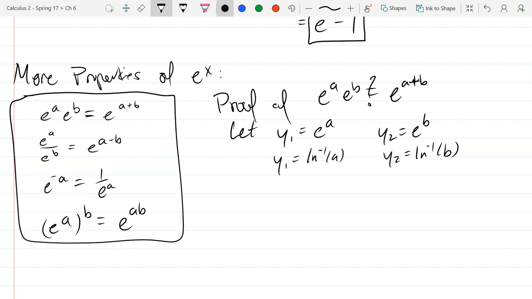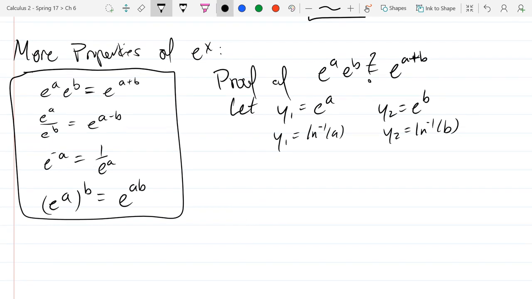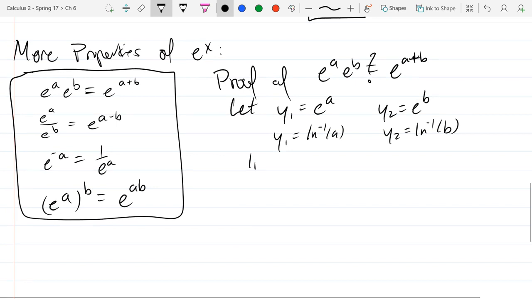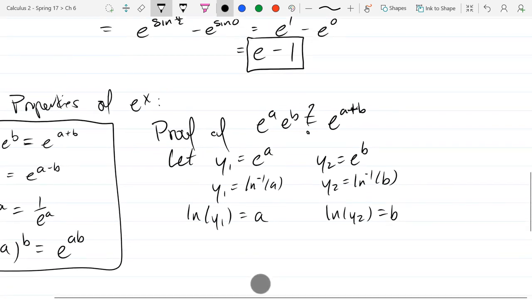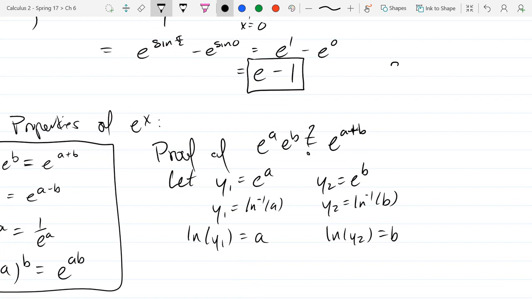This is the definition of what I said e to the a is, and the definition of e to the b is the inverse of the natural log. So now I can move the natural log to the other side by just doing a regular natural log. So you move the inverse function to the other side like that, and do the same thing over here.